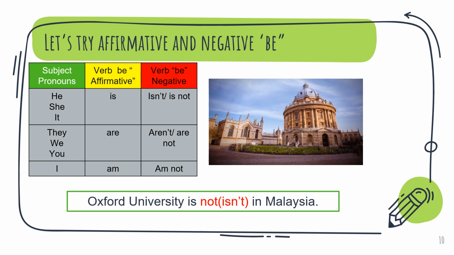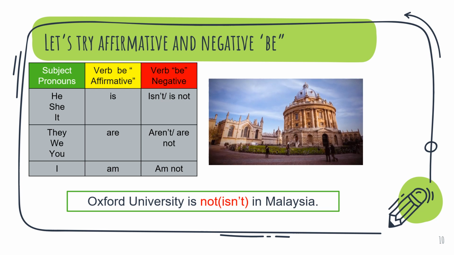Now let's look at this picture. It is Oxford University. Now look at the example sentence given here. It states that Oxford University is in Malaysia. So it's wrong.